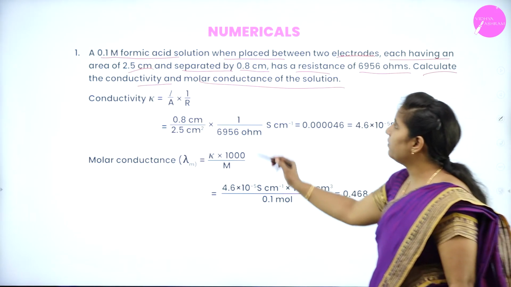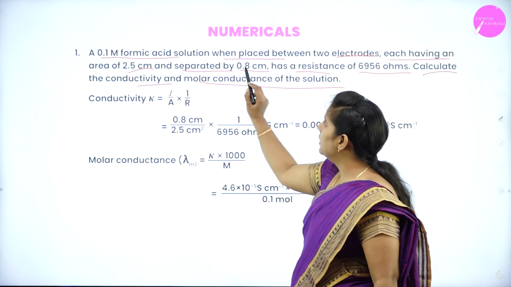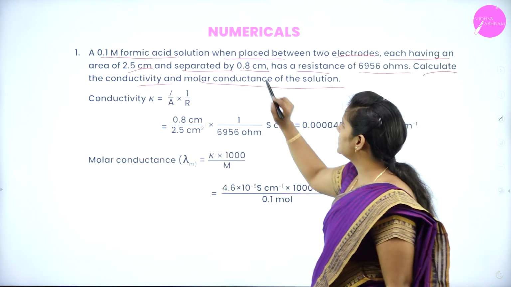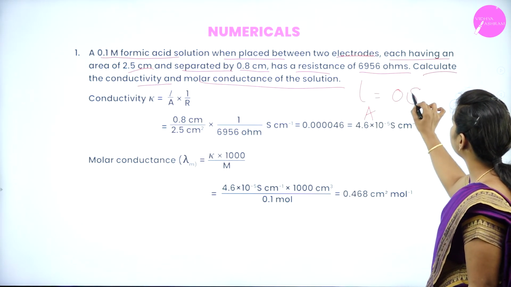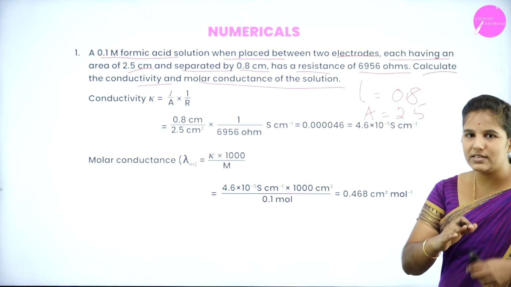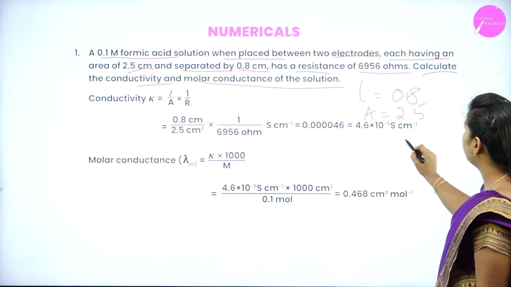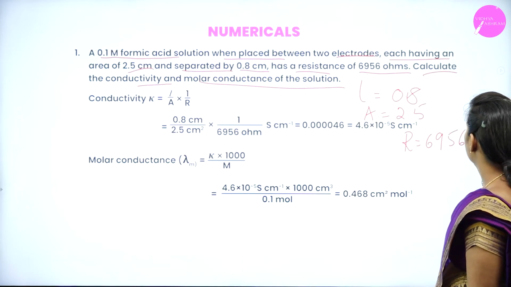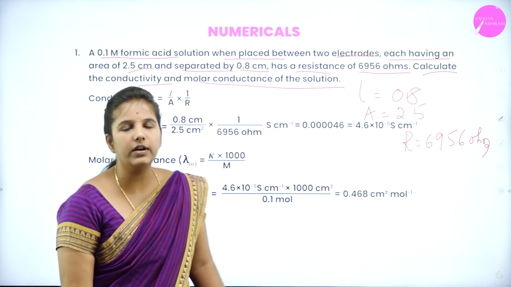Here they have already given the values for A, that is the area, and the distance between the two electrodes, that is L. So the value for L is 0.8 and the value for A is 2.5. A is the area of cross section, L is the distance between the two electrodes, and they have also given the resistance, R, that is 6,956 ohm.